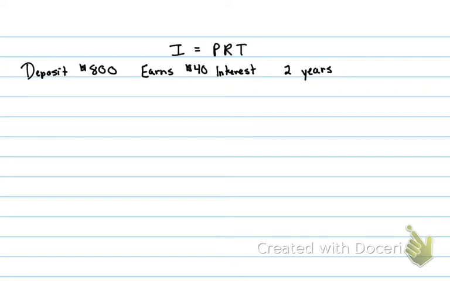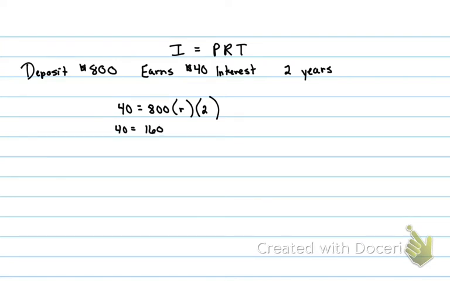What is the annual interest rate? So what number did you plug in for I? 40. What number did you plug in for P? 800. You don't know the rate. What number did you plug in for time? 2. Okay? So we remember that commutative property says I can multiply in any order. That's important. So what's 800 times 2?